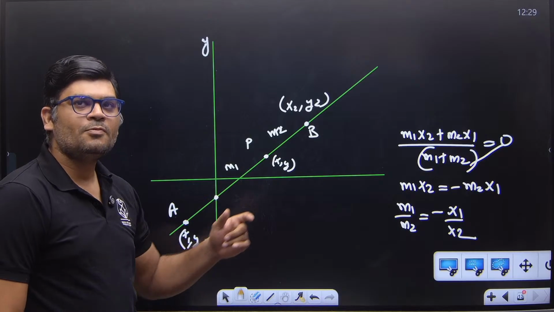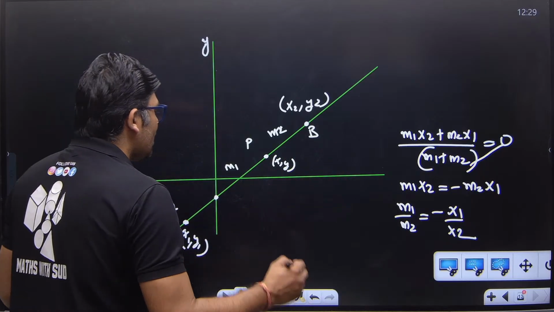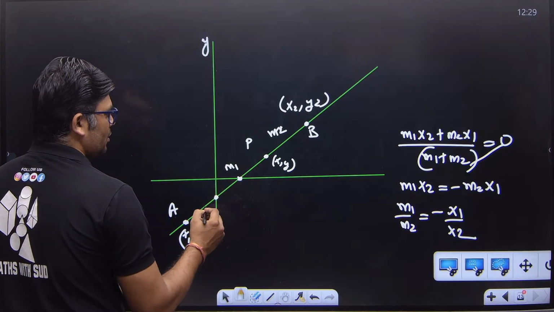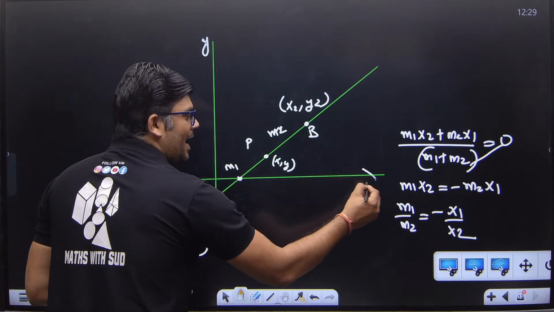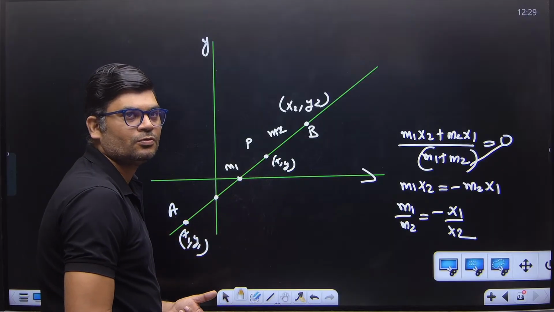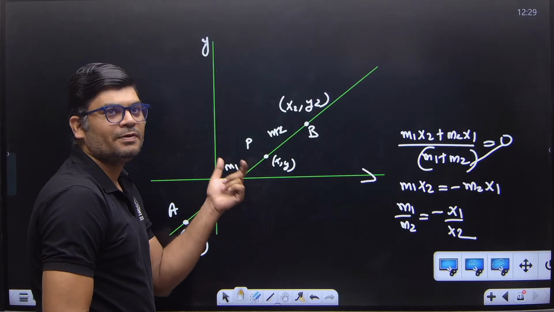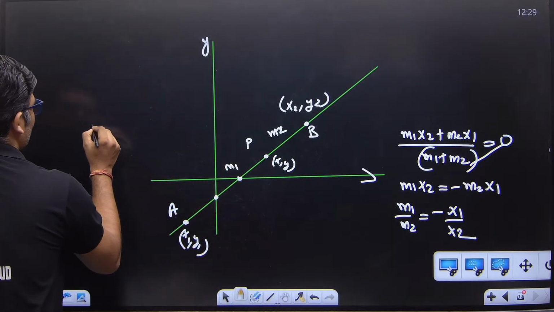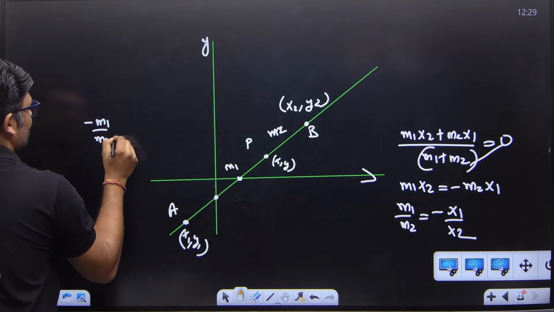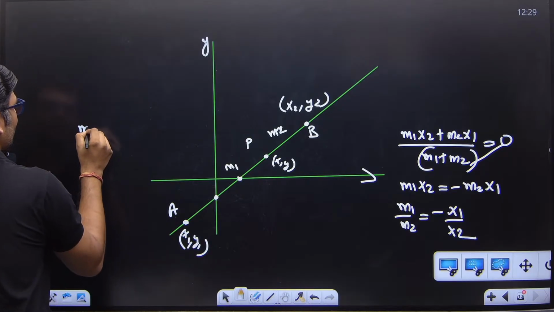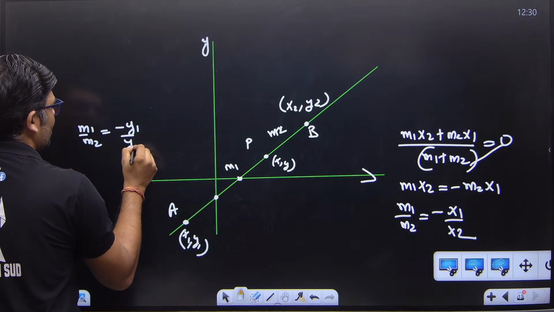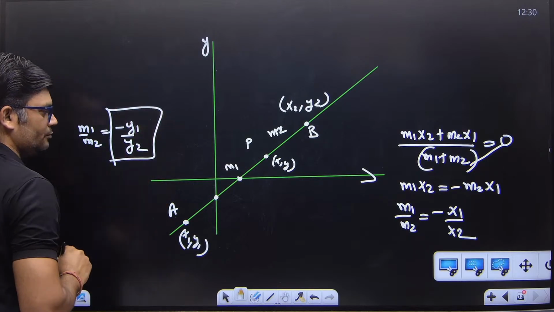Okay. Same goes with y-axis. The other question may be asked, find the ratio in which the x-axis divides the line in some given ratio. The x-axis divides, so m1 by m2 will be equal to minus y1 by y2.